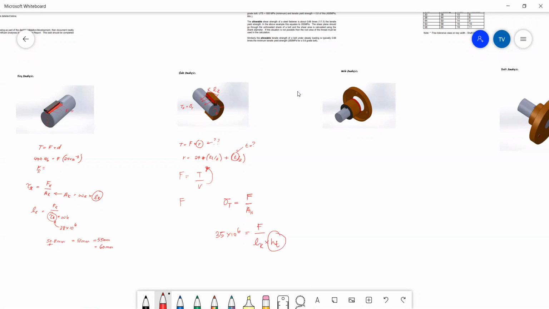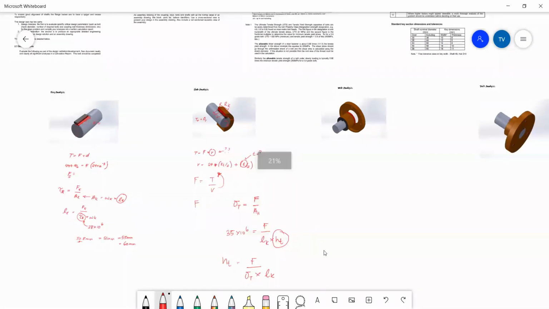And now we just make the hub thickness the subject of the formula. And our hub thickness will be equal to the force divided by the tensile strength, 35 megapascals, multiplied by the length of the key. And once you get your hub thickness, that is the end of your hub analysis.